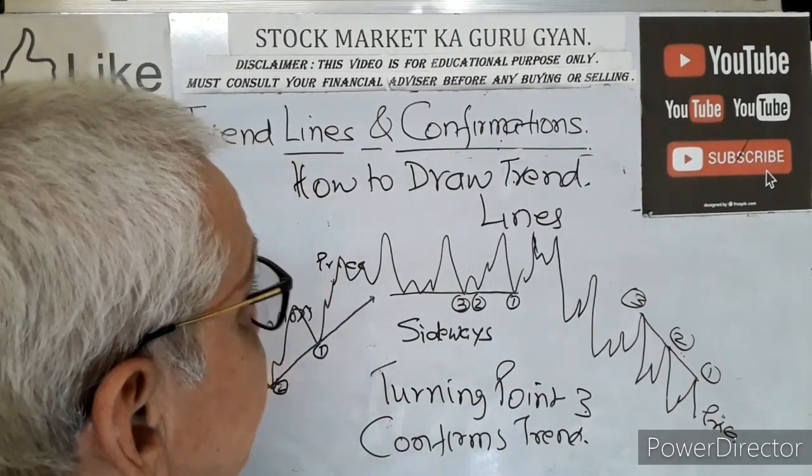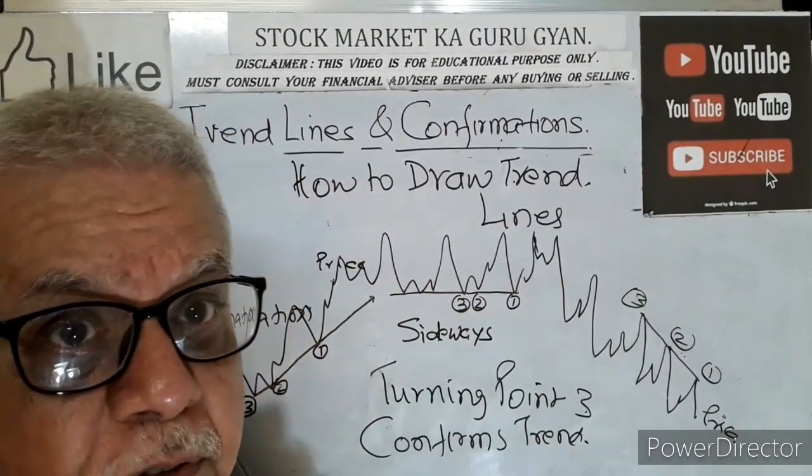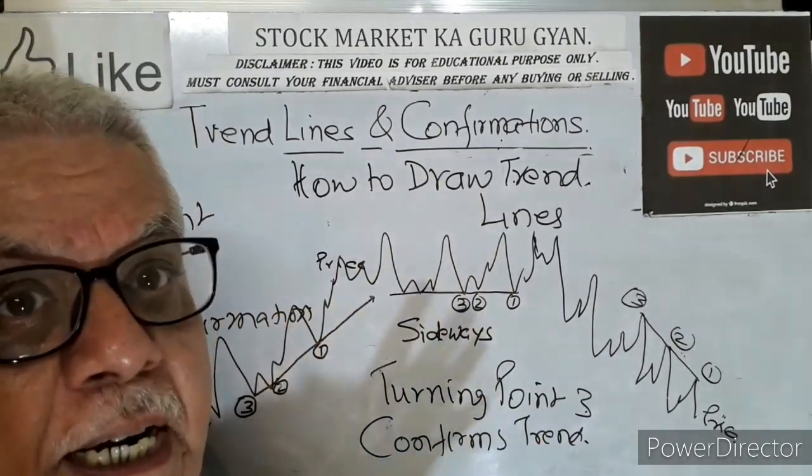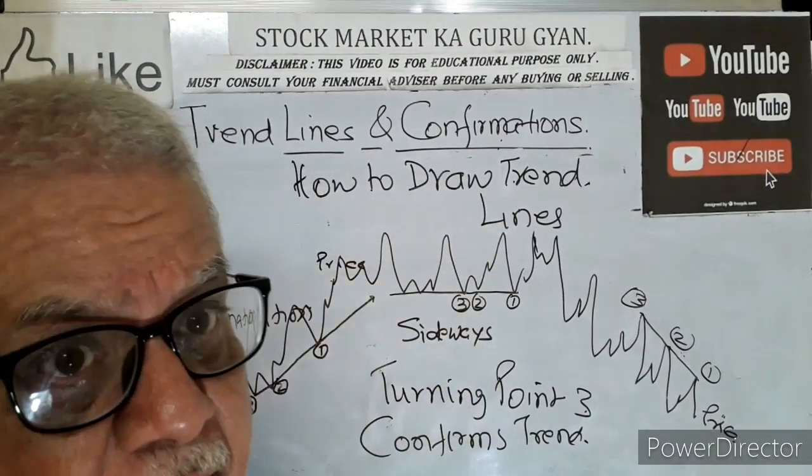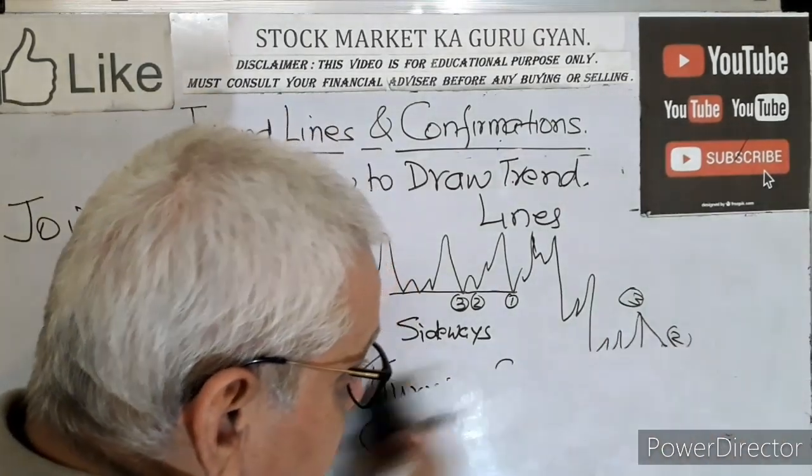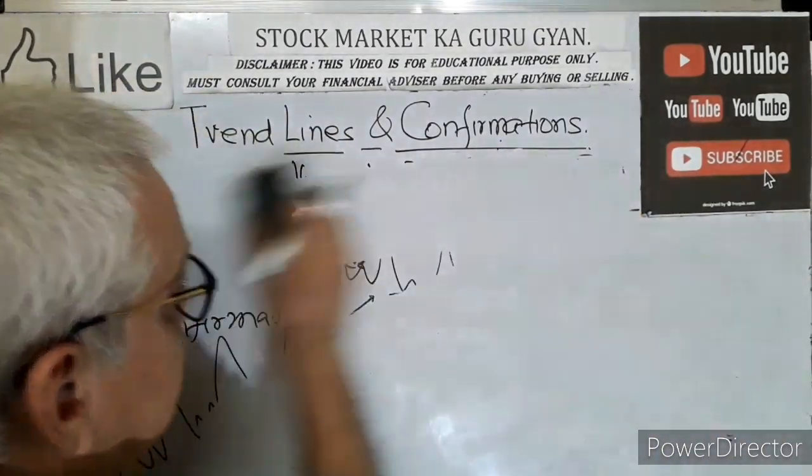Okay, now friends, this is as far as the theory part was concerned, which is available in the textbooks also, and I have not said anything new about this. Now, how to trade a trend?